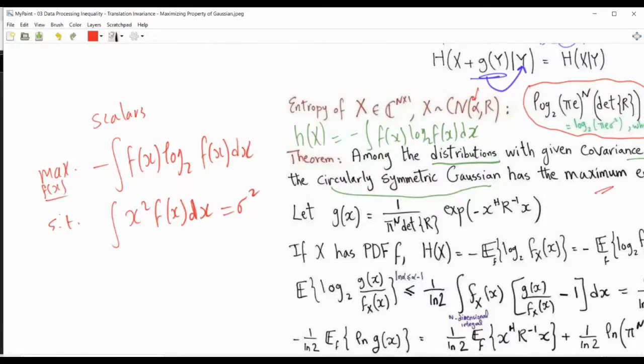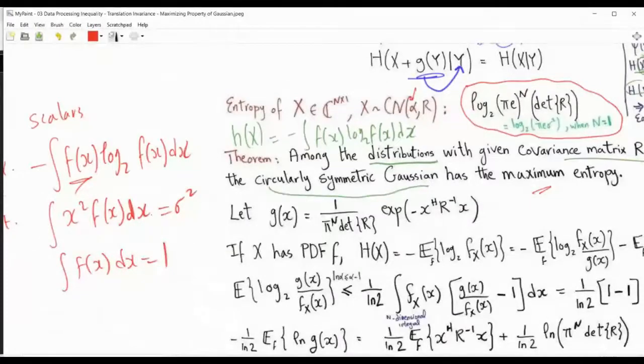Functions that are non-negative and that integrate to one, since there is another constraint that it is a PDF. It's called calculus of variations because your unknown is this function, and we will deal with calculus of variations when we solve the power control problem.